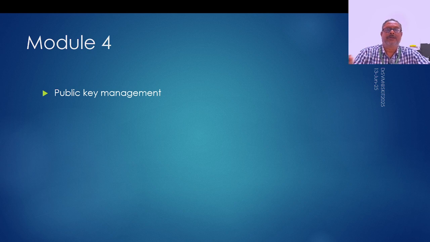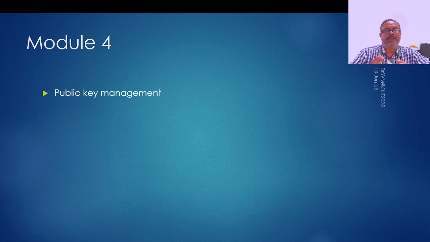So that's what public key is all about, but it's not as easy as just described here. A lot of issues are involved, so we need a lot of things to manage here.